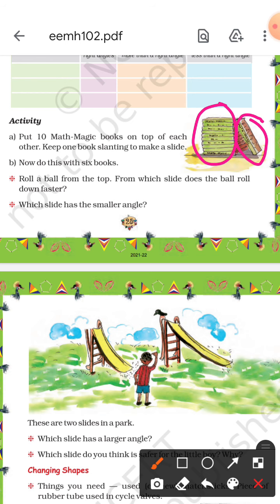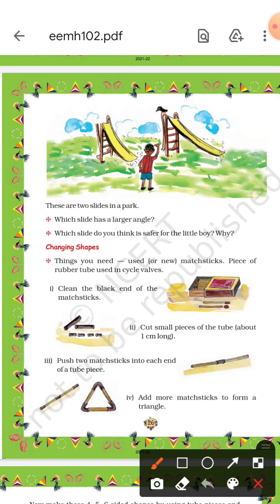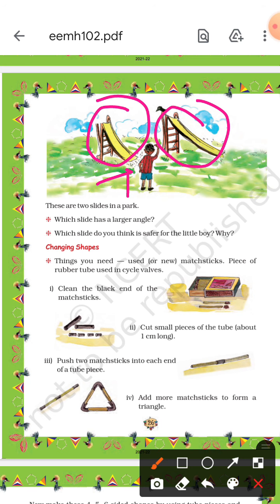Okay, now you can see that in this park, here is the boy and there are 2 slides. Okay, now the first question is, which slide has a larger angle? If you look at the picture very well, you can see that the slide which comes on the left of the boy has a larger angle.